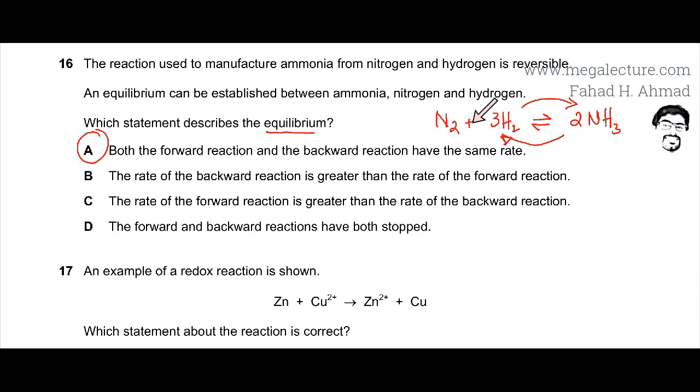The reaction is happening, the forward reaction is happening, the backward is also happening, but the speed at which they are happening is exactly the same, which is why the reaction is at equilibrium, and why the quantity of ammonia doesn't change, because the amount of ammonia being produced and the amount consumed back is the same. So the quantity of ammonia stops changing at equilibrium. So A is the definition of what equilibrium stands for.